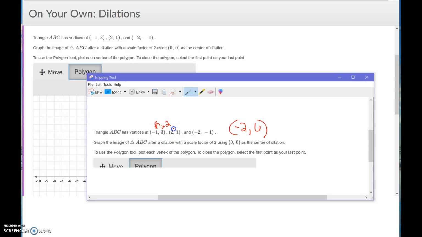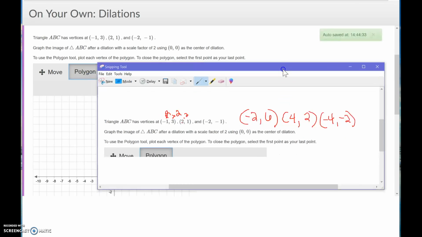And then 2 times 2 is 4, and 1 times 2 is 2. And then negative 2 times 2 would be negative 4, and negative 1 times 2 would be negative 2.